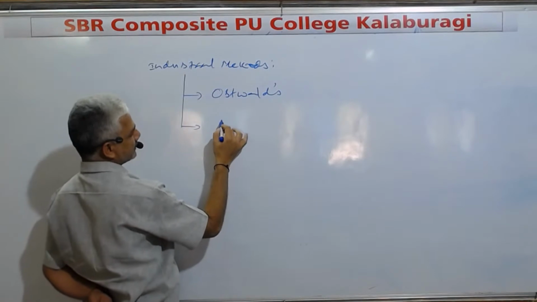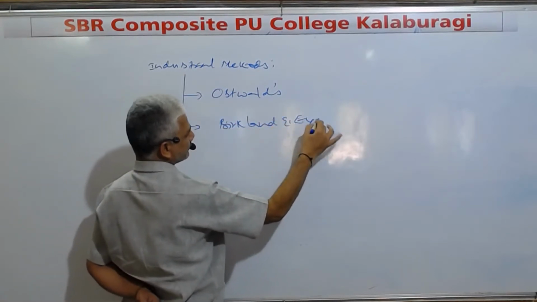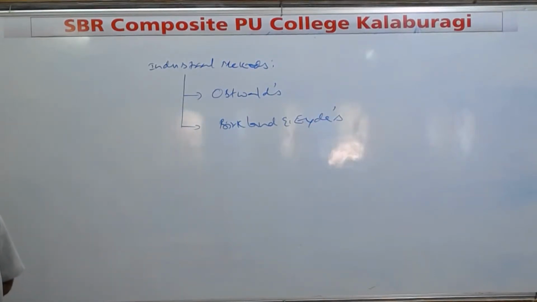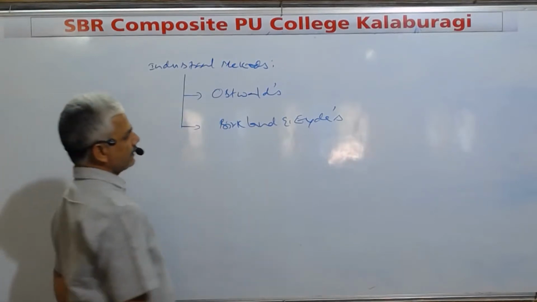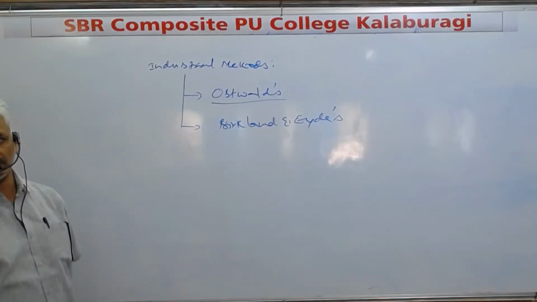One is called Ostwald's process and another one is Birkeland and Eyde's process. So take the first method, Ostwald's process.